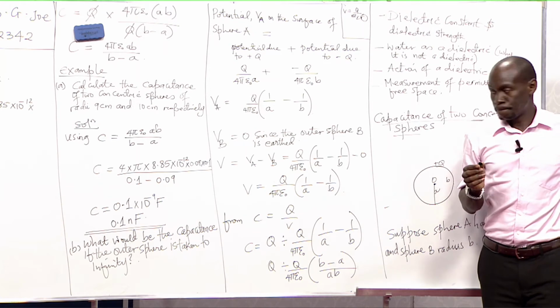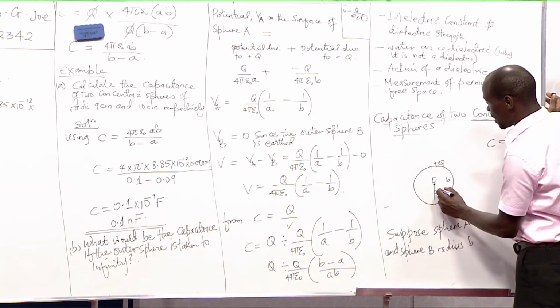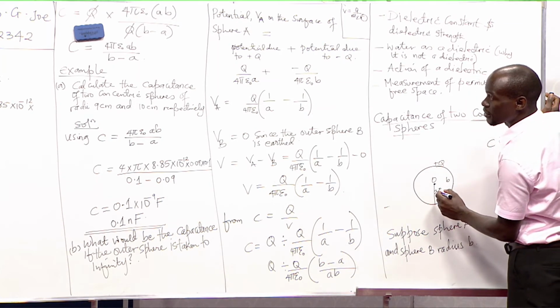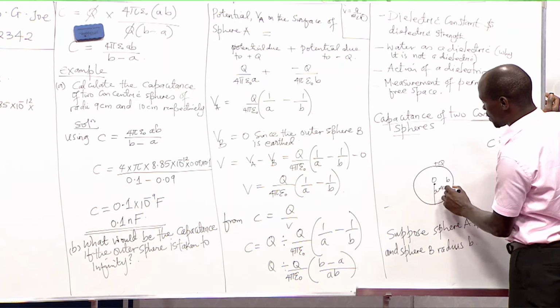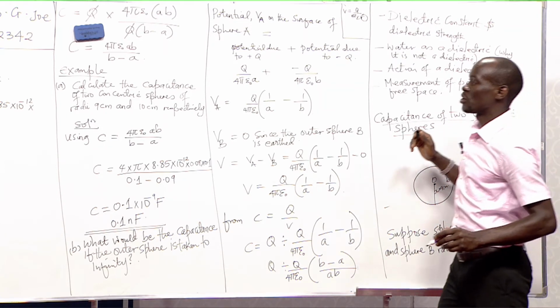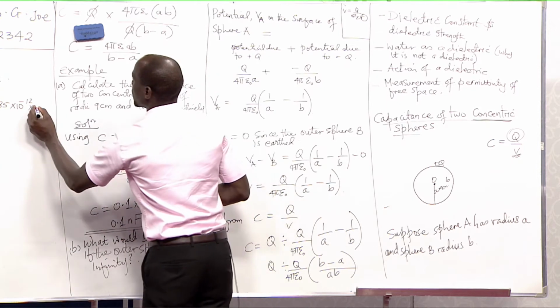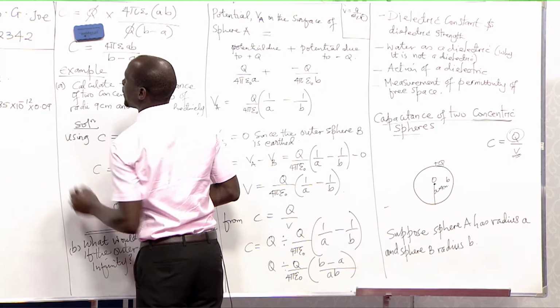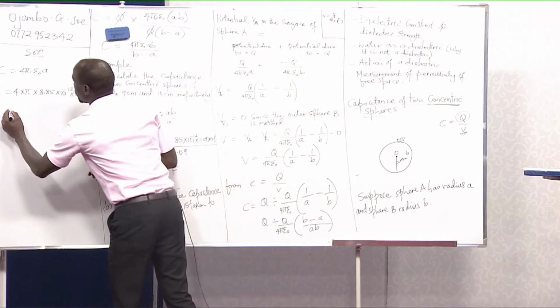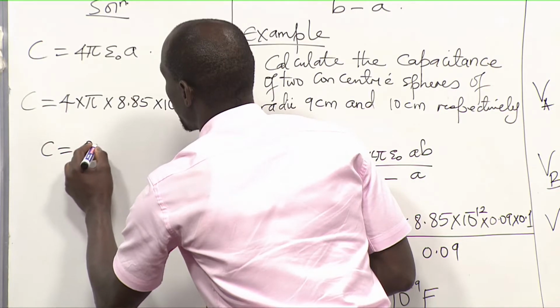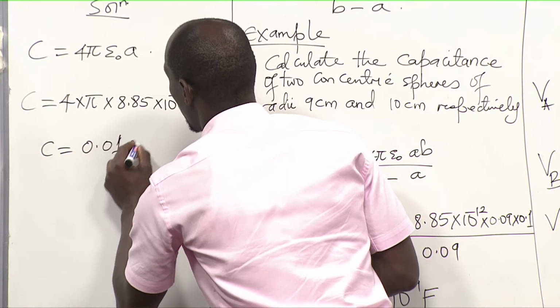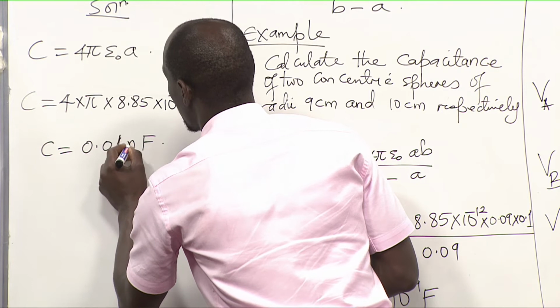And the radius here we are remaining with, therefore, is 9 centimeters. So that means we shall come here and say times 0.09. And when you work through, you will get something like 0.01 nanofarads.